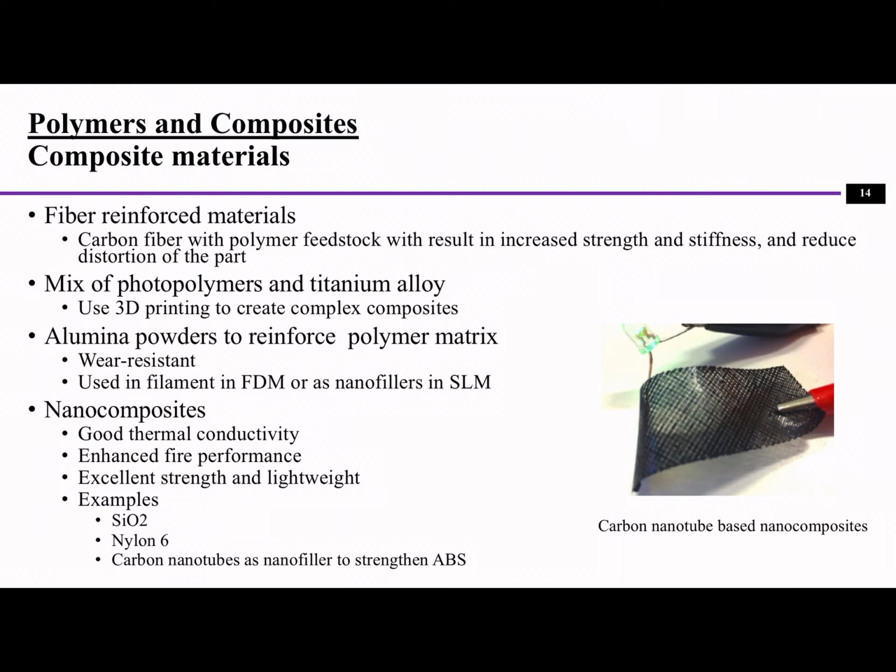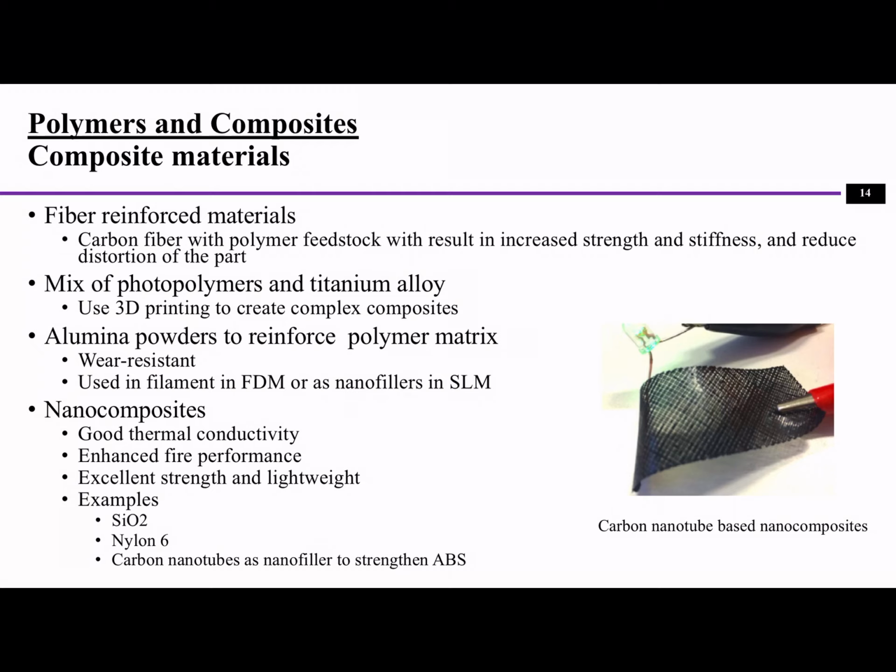Mixing those to create composite material is to increase the properties of the material, and also of the part. One is fiber reinforced materials, the carbon fiber. With polymer feedstock, it can actually increase the strength and stiffness and reduce distortion of the part.